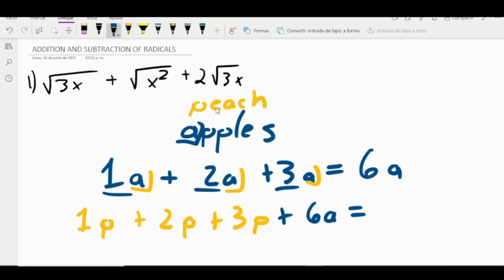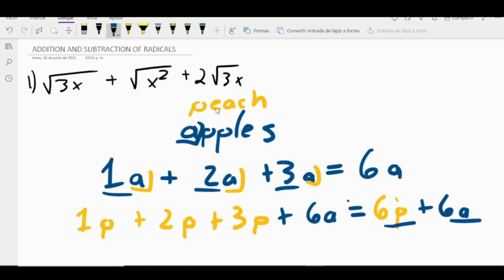If I add the peaches, it's 1 plus 2 plus 3, which is 6 peaches. Sorry, 6, not 3. And here I have 6 apples. Notice that I can't combine the peaches with the apples. One thing is a peach, another thing is an apple.